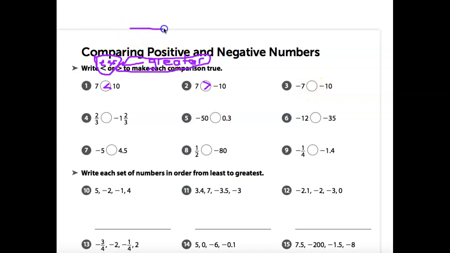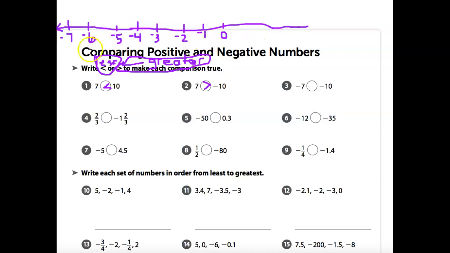Let me see if I can put a number line up here. So -1, -2, -3, -4, okay, well, I couldn't get all the way to -10, but here's -7, okay?